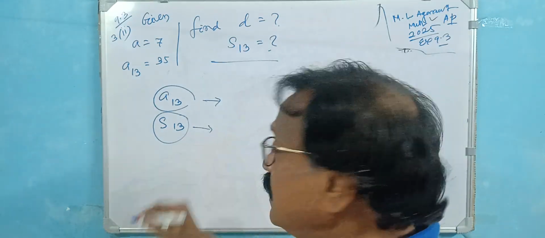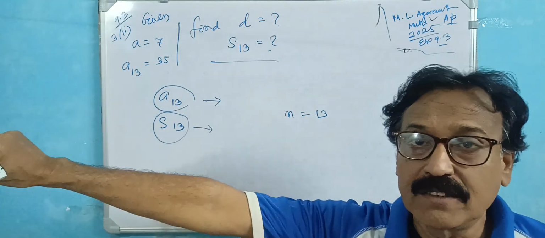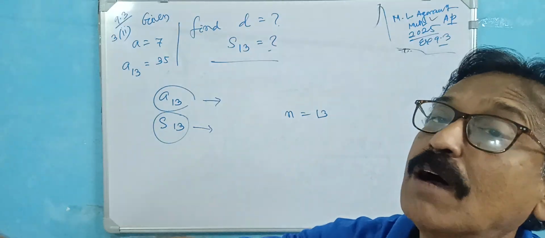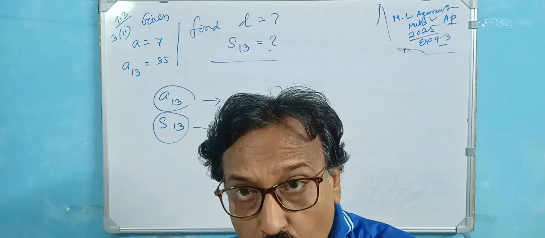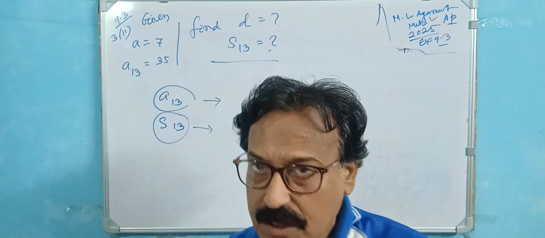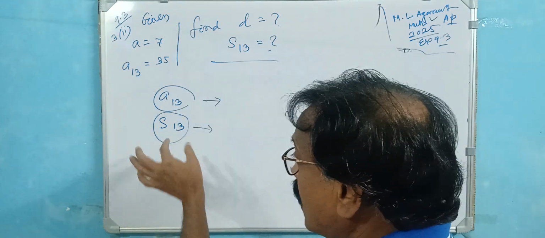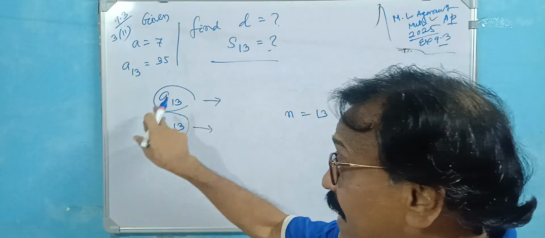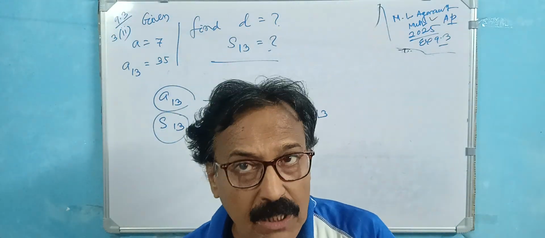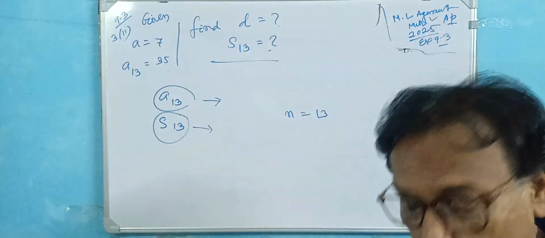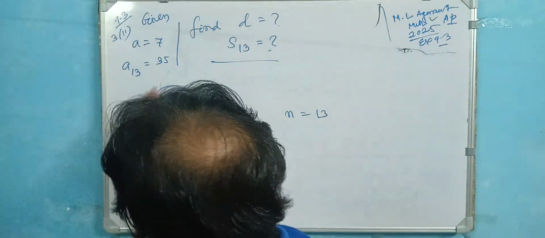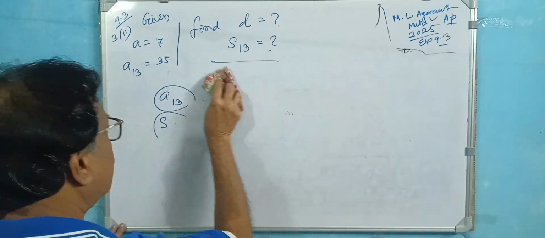And S13 means the sum of all 13 terms. All 13 terms are summed up, that is the value. And a13 means only the value of the 13th term. Okay? And 13 is the n. Clear?